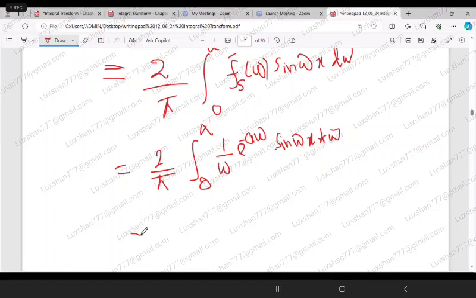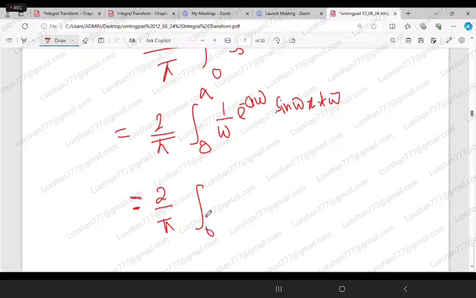Now, this is equal to root 2 over pi, integration 0 to infinity. Let me write this way.